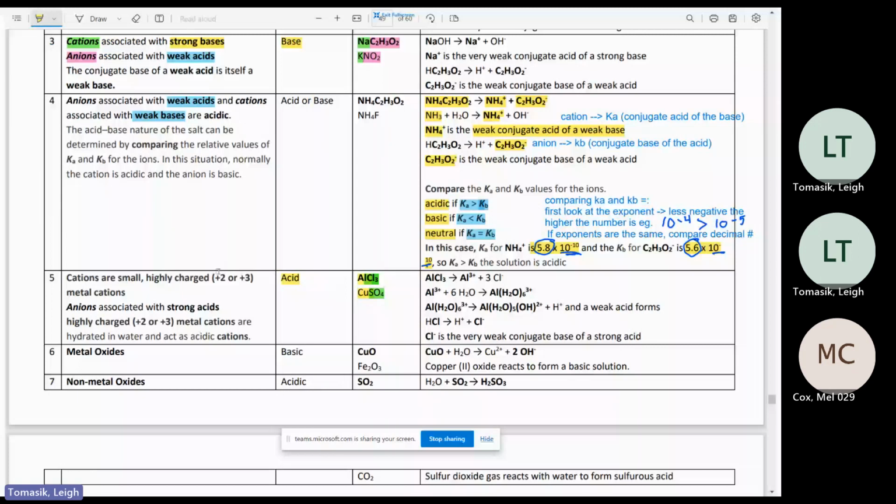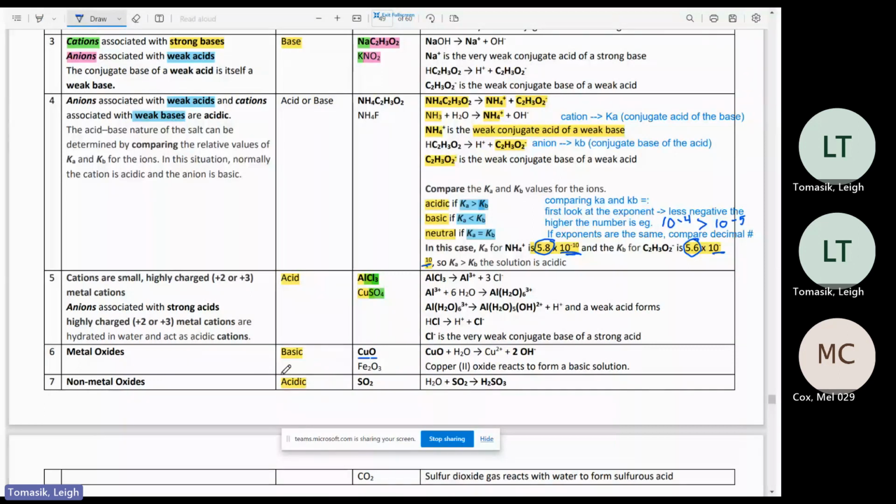If we have a metal oxide, they're always basic. If we have a non-metal oxide, they're always acidic. So if you have in a compound a metal and oxygen in an ionic compound, that's going to be basic when you dissolve it in water.